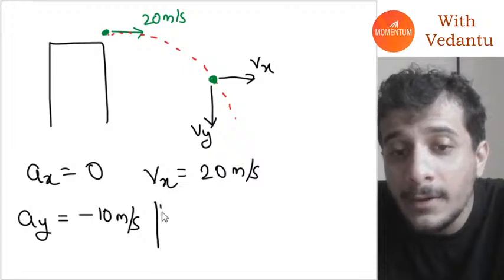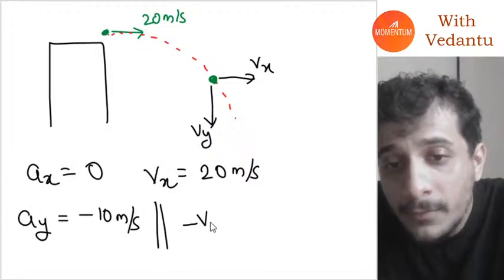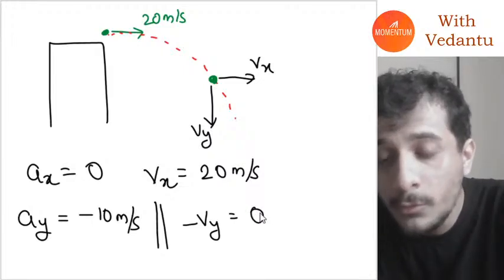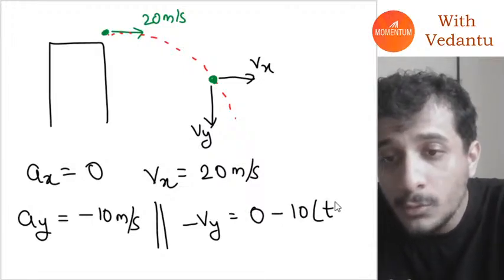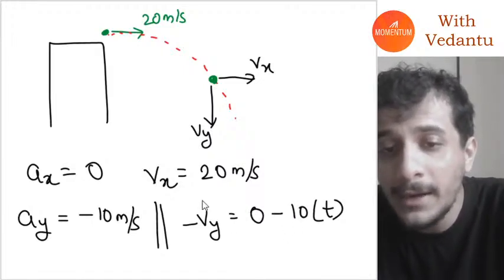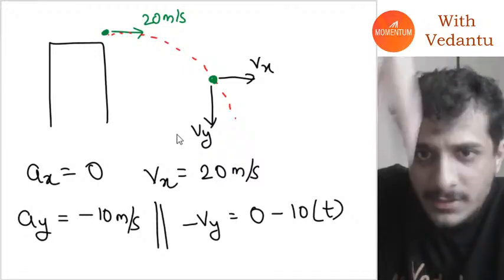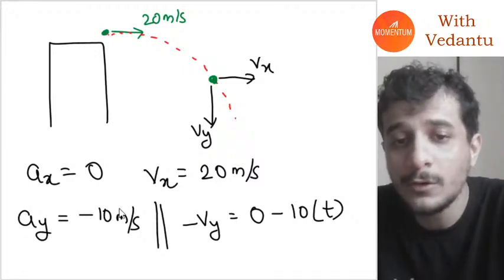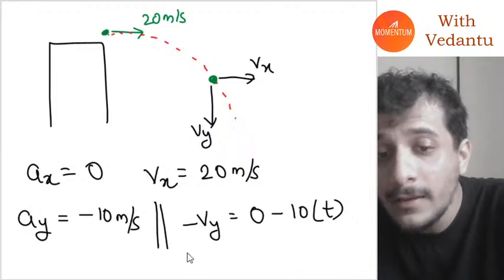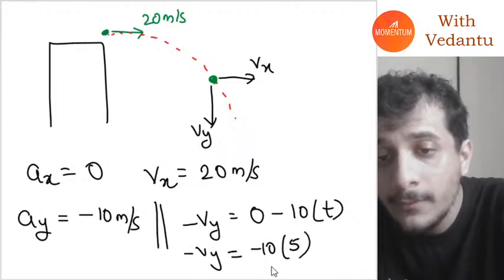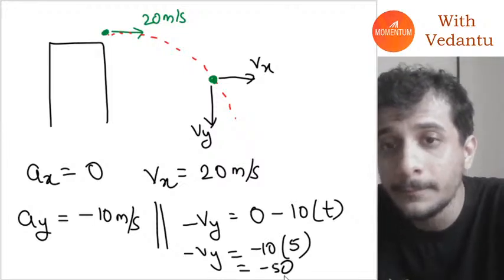So I can write minus Vy will be equal to 0 minus 10 into t. Why did I write minus sign at Vy? Because Vy I have taken in the negative y direction, and acceleration is also in the negative direction. So negative Vy is equal to negative 10 into 5, which is negative 50.